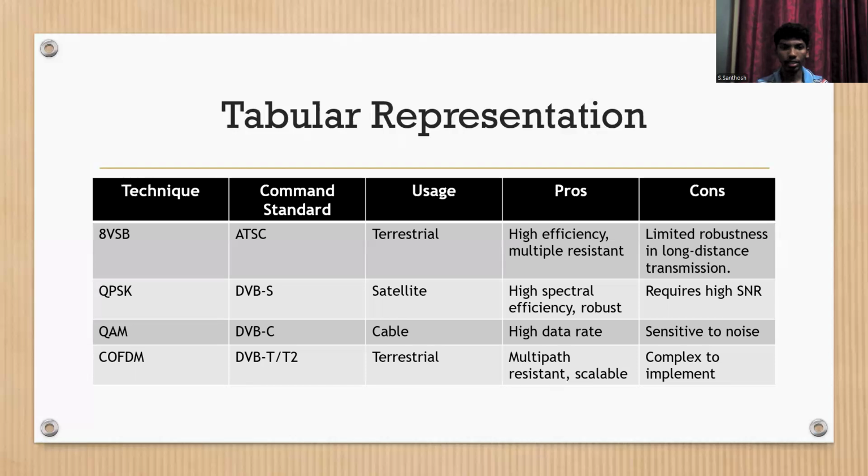It uses terrestrial again, the same as the first one. It has a very good advantage of multipath resistance. There is no interference between channels, and it is scalable. But the disadvantage is that it is too complex to implement in real life. I mean, it is implemented in real life, but not in multiple places.